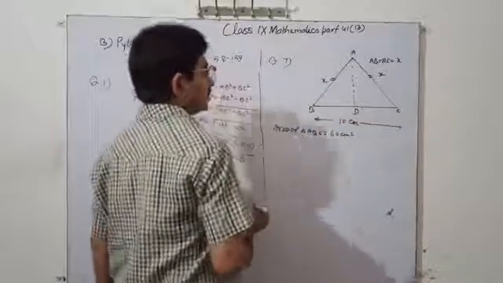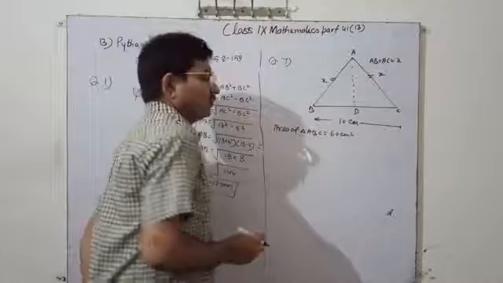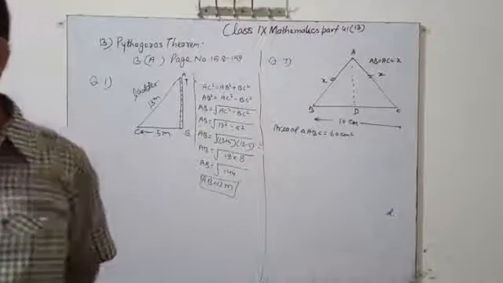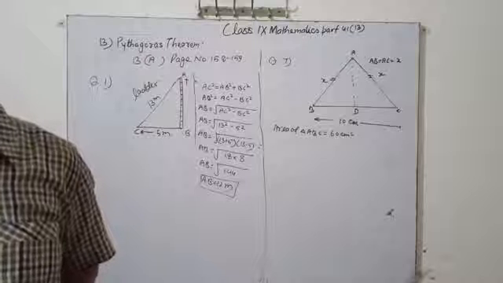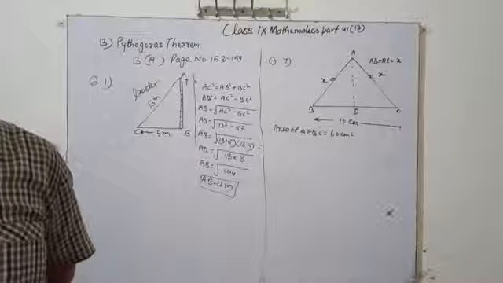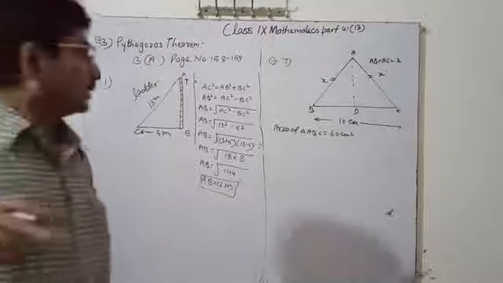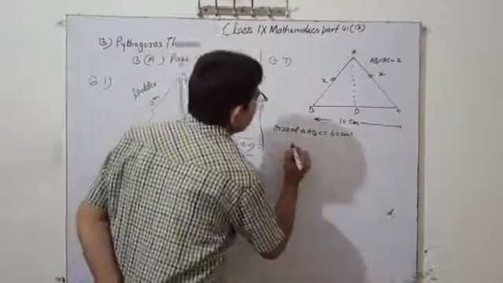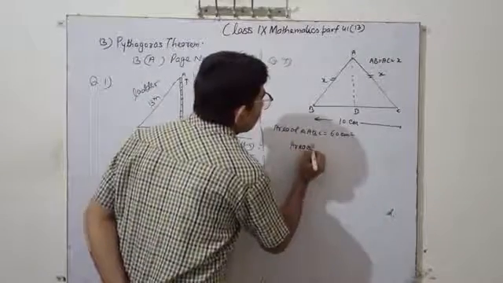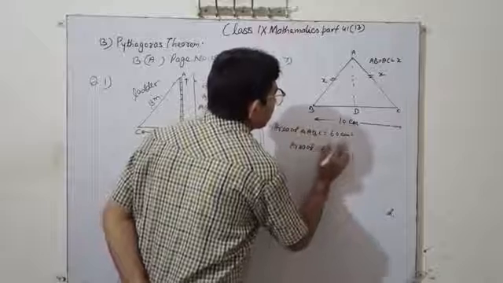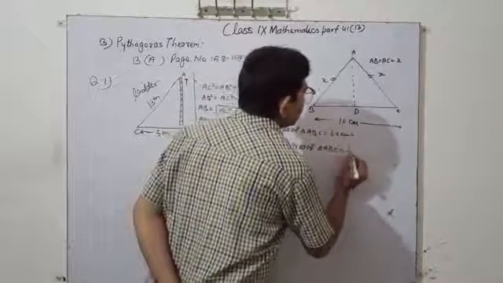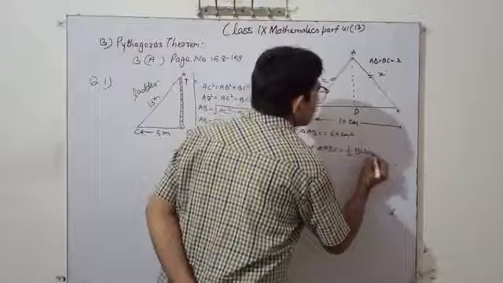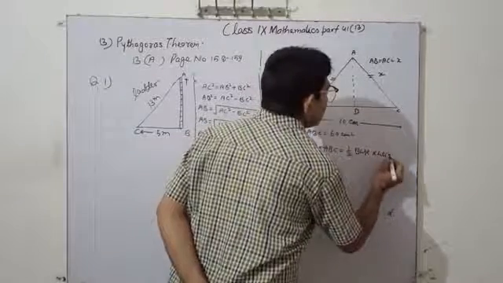From this here, you calculate the area of triangle. Area of triangle ABC equal to 1 by 2 base into height.